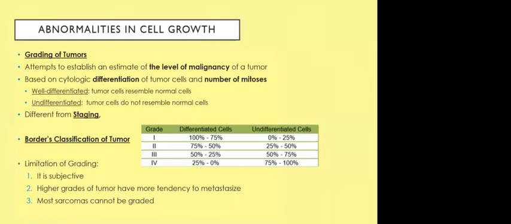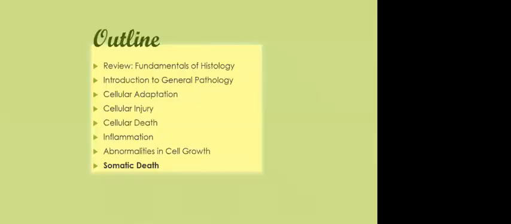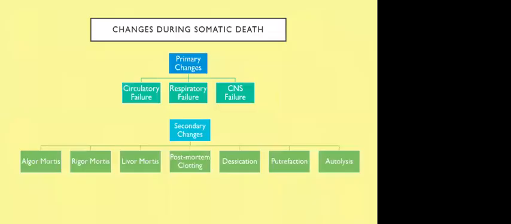Okay, so that's the discussion on the abnormalities on cell growth. Now let us continue our discussion on somatic death. Okay, so when we say somatic death, the person has died. What are the changes that our body will undergo during somatic death?